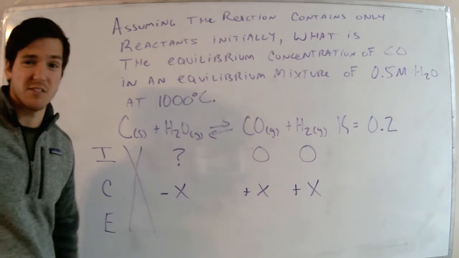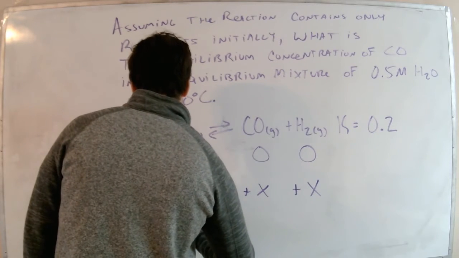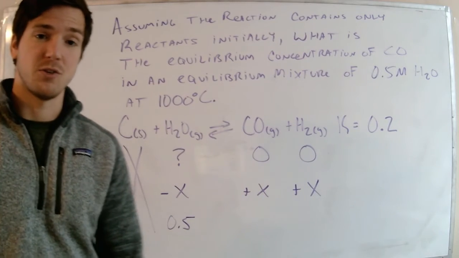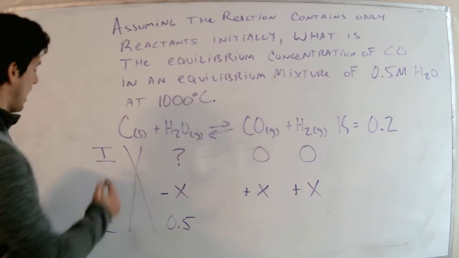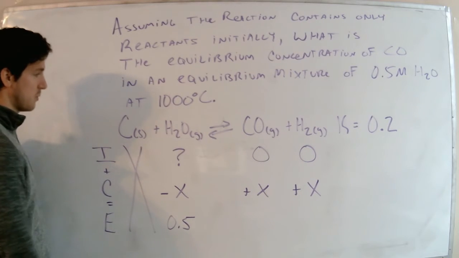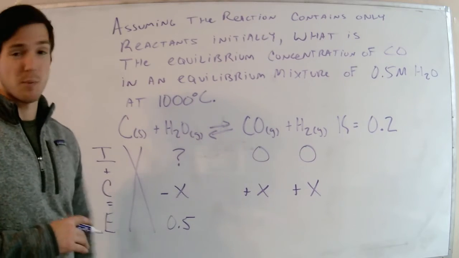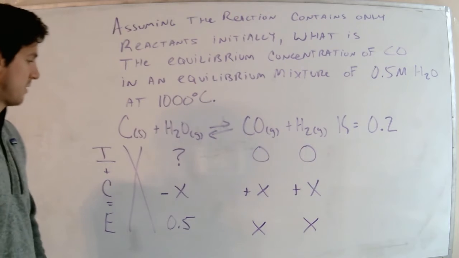The only thing it really gives us is that 0.5 molar H2O at equilibrium. It doesn't give us anything for CO and H2. So now, let's just combine what we can. We know initial plus change will equal equilibrium. So these two, 0 plus x, are just going to be written as x.